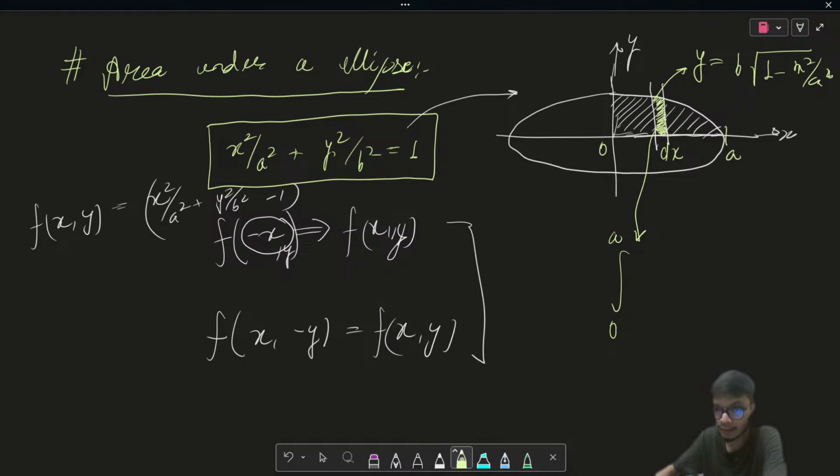So this is my result, that is b upon a times the square root of a squared minus x squared dx, right? Is this clear to all of you?